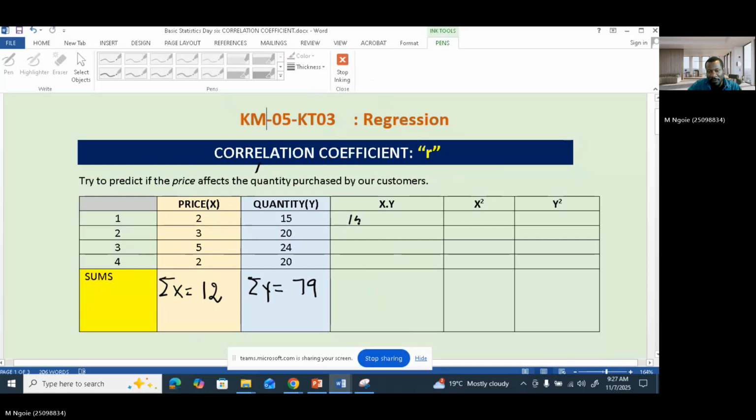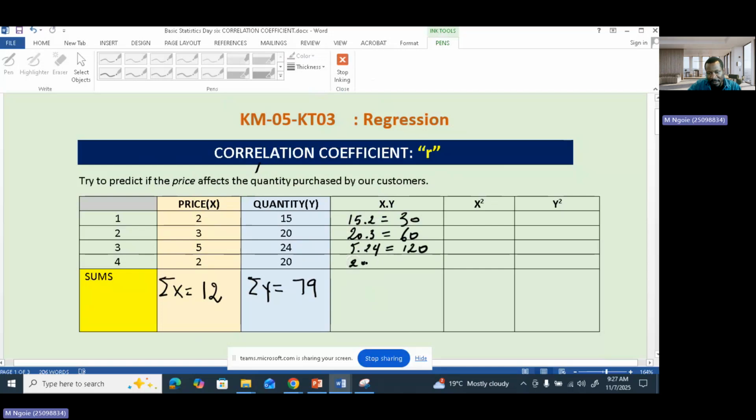15 times 2, that is 30. 20 times 3, that is 60. 5 times 24 will be 120.